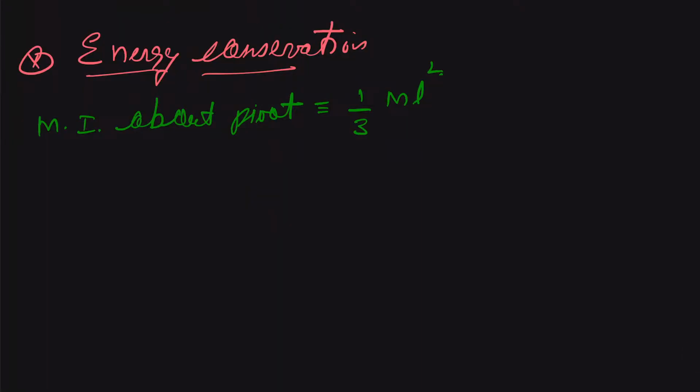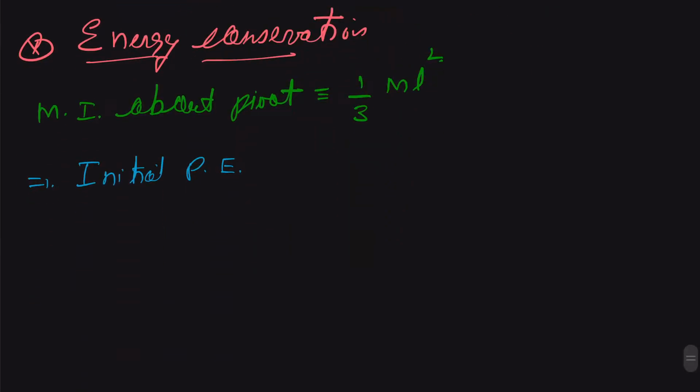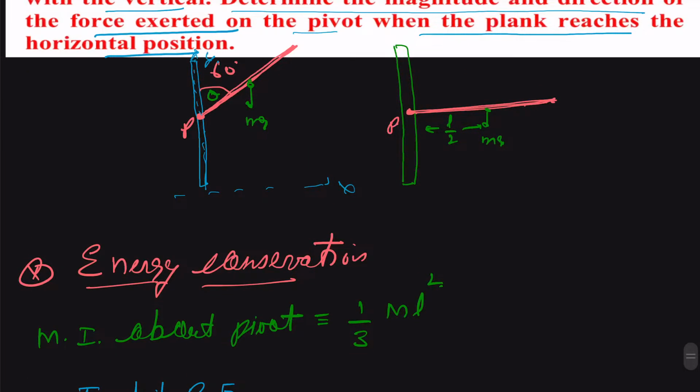So we can say the initial potential energy. We take this as the y-axis and this as the x-axis, with the pivot point as 0.